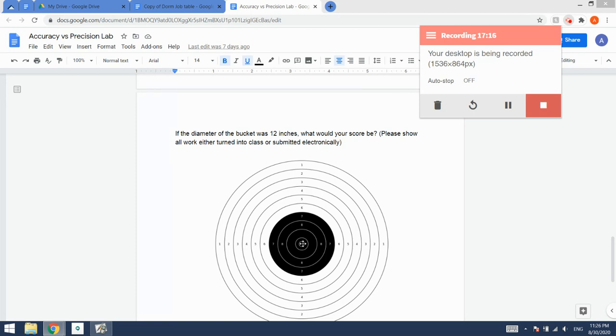So imagine you're starting at the center, going out to the edge of the third circle. That's going to be your radius of these ones. And then from here to the next spot, it's going to be another radius. So you have 1 radius going here. Then you have 2 radii going from the center out to this 7-8 border, 3 radii going to the 6-7 border, and so on and so forth.